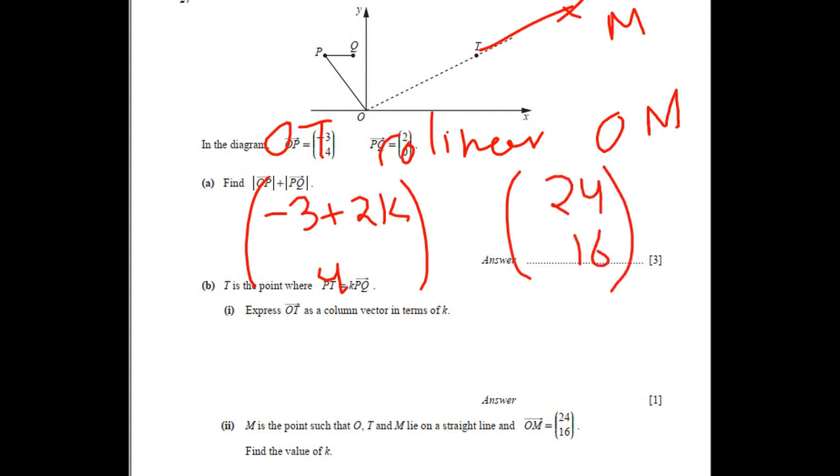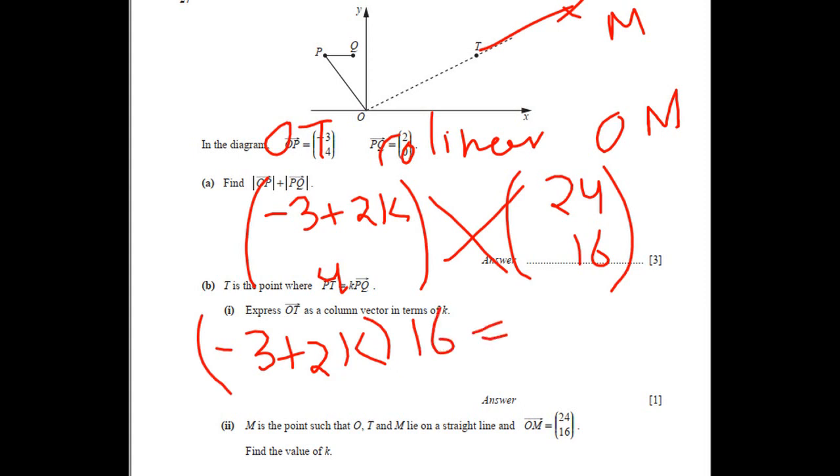Now since they're collinear, or even if they were parallel, you're allowed to cross multiply these values to get the value of an unknown. So (minus 3 plus 2K) times 16 equals 24 times 4. Simplify, cross multiply, and you'll get K equals 9 over 2, which simplified will be 4.5. Final answer.